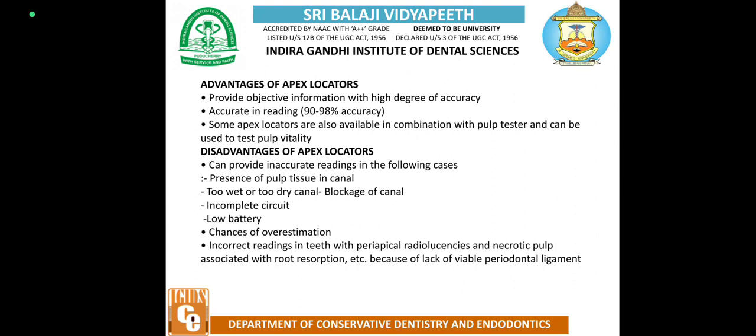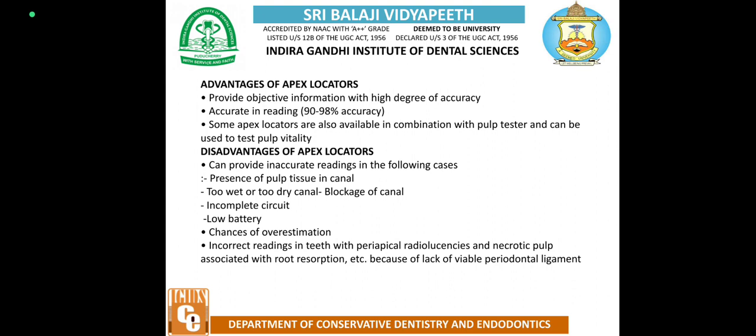Advantages of apex locators: it provides objective information with a high degree of accuracy. Accurate in reading. Some apex locators are also available in combination with a pulp tester and can be used to test pulp vitality.